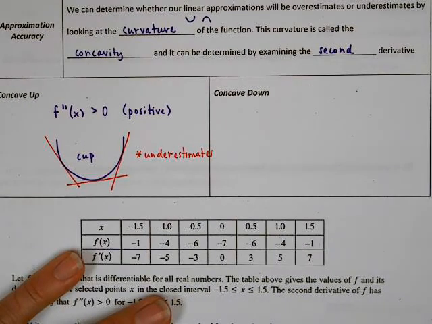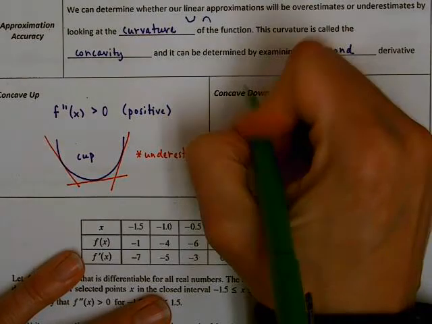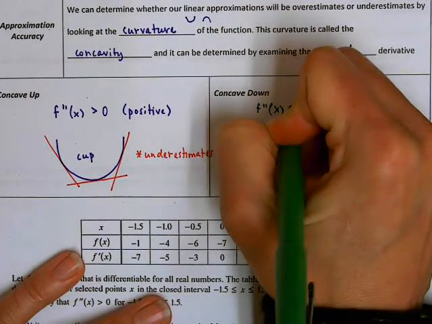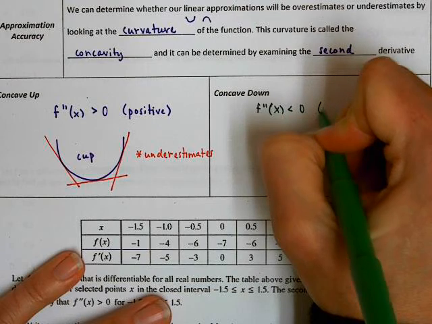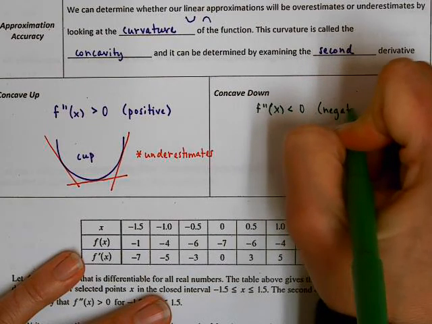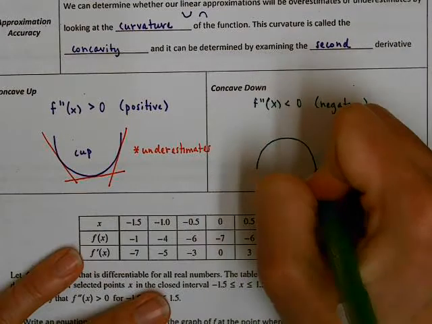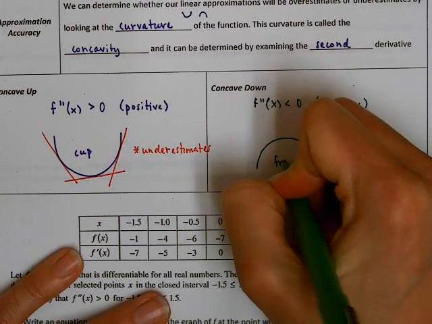Now, concave down, on the other hand, is when our second derivative, f double prime of x, is less than 0, or it's negative. Then our curve is opening down. We think of it like a frown.